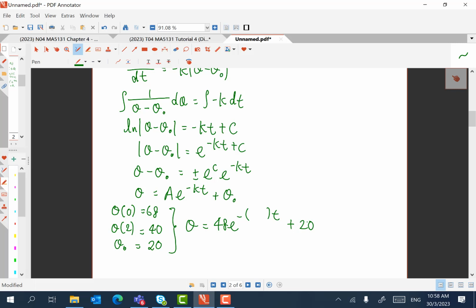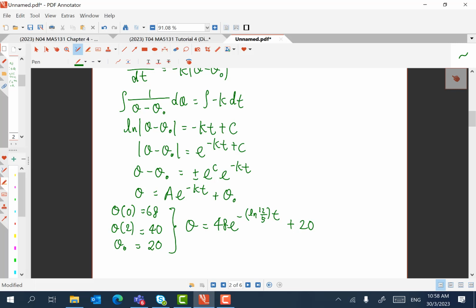When this is 40, it is 20 over 48. I think k is ln of 12 over 5.